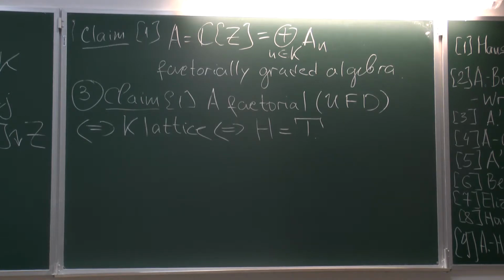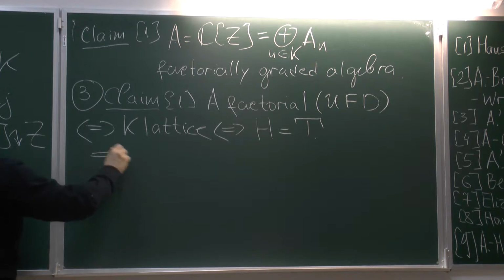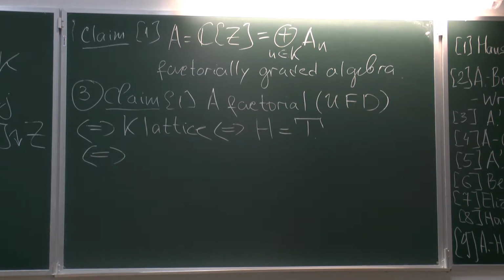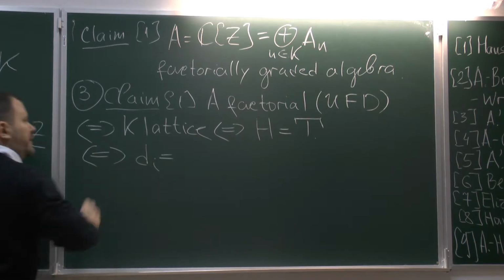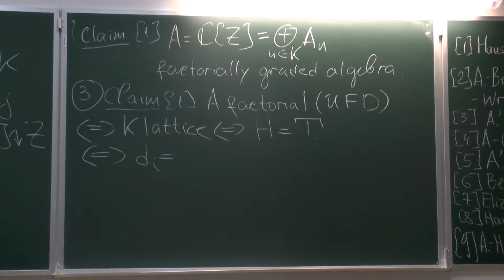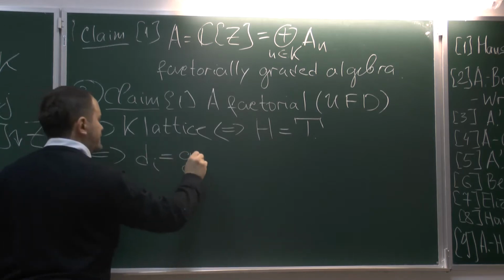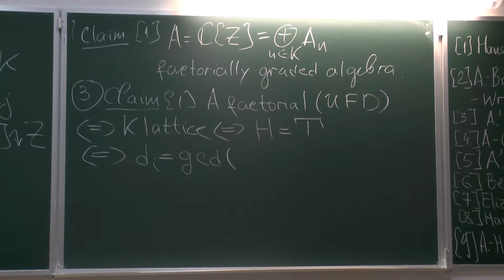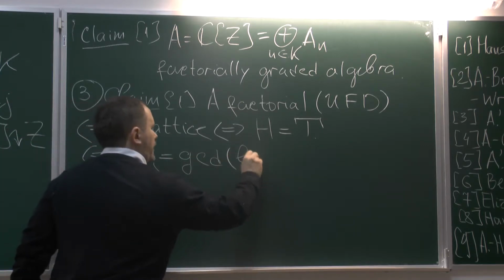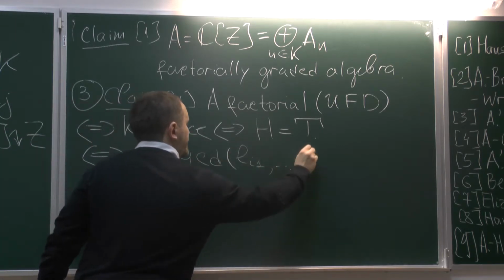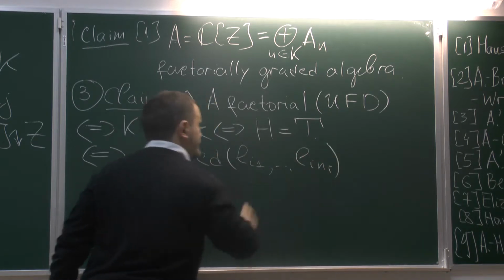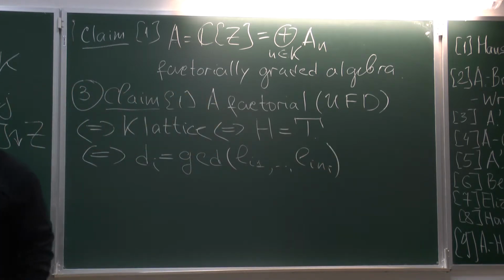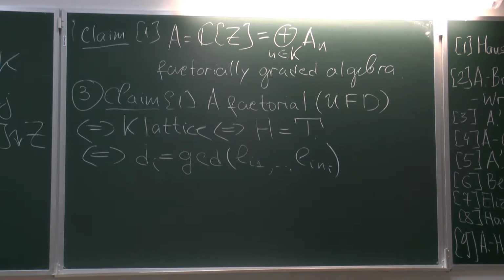And finally, to express these conditions in terms of exponents, I introduce some numbers, d_i, where d_i is just the GCD, greatest common divisor, of my exponents l_i1 and so on, l_i n_i. I take one term in my relations and consider GCDs of exponents here.